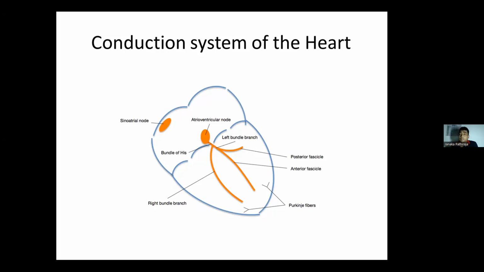Then they give rise to various abnormal rhythms like atrial rhythms, ventricular rhythms, junctional rhythms, nodal rhythms, atrial fibrillation, flutter. All those arrhythmias come when the SA node is not functioning properly, or the other areas of the heart start behaving aggressively or without much control. So this is the basic structure of the conduction system.